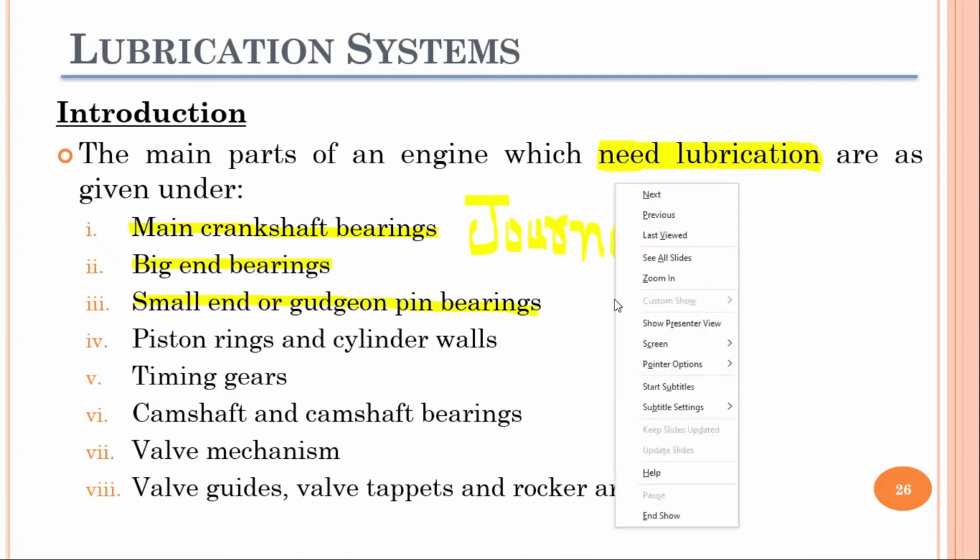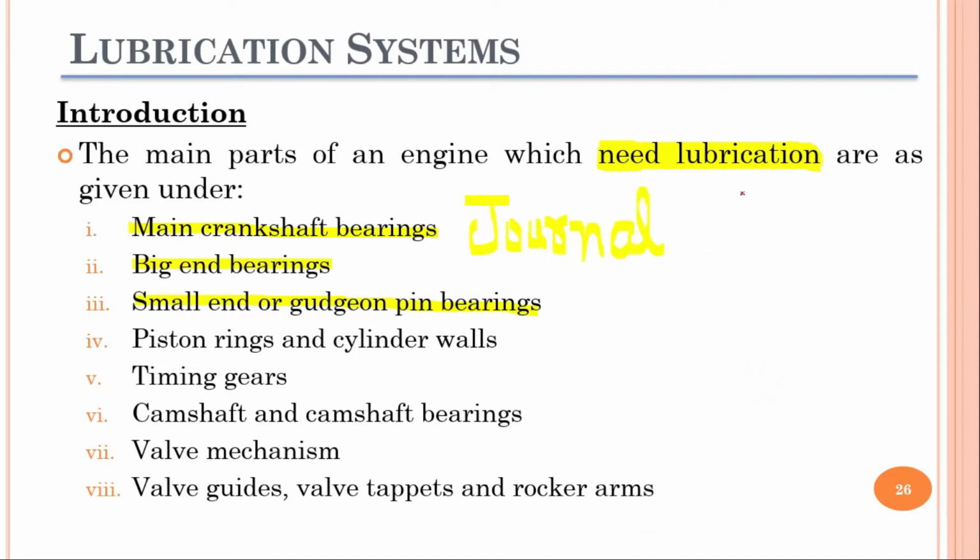Big end bearing and small end bearing can be seen as, for example, if this is my connecting rod, here this is our small end bearing, and here this is our big end bearing.